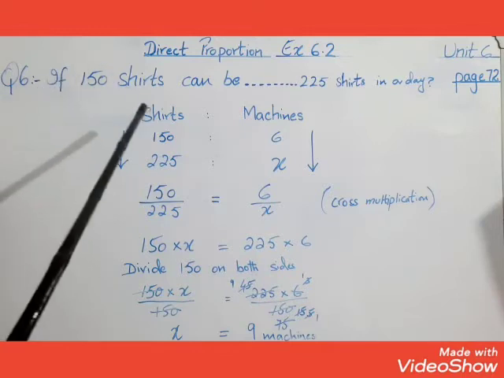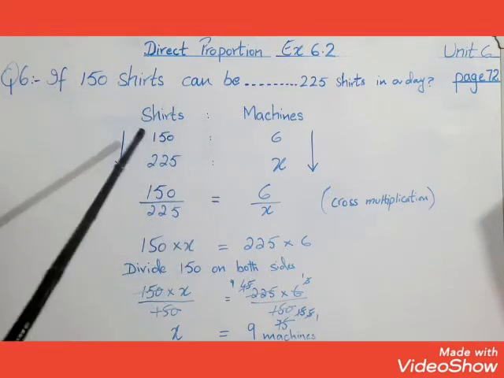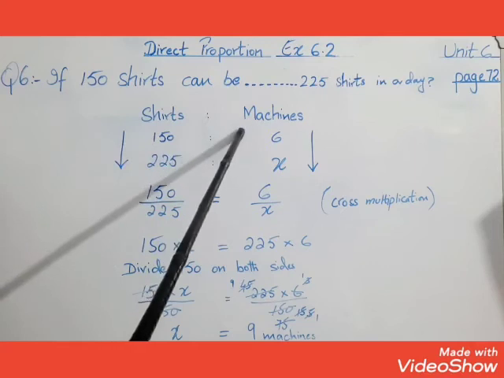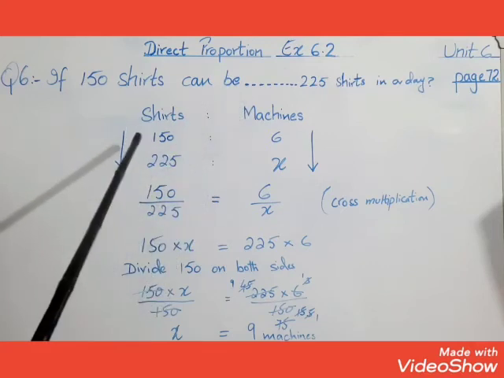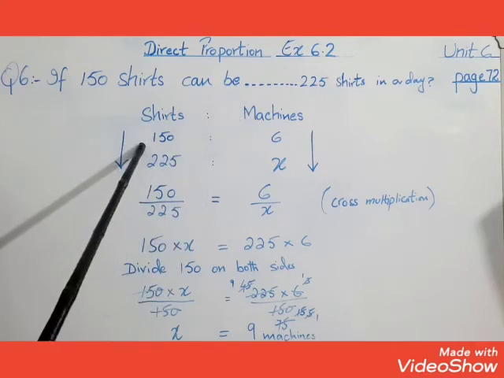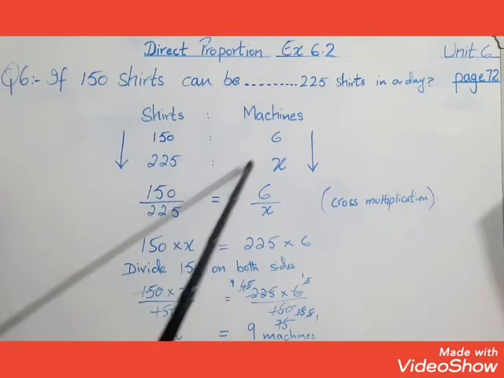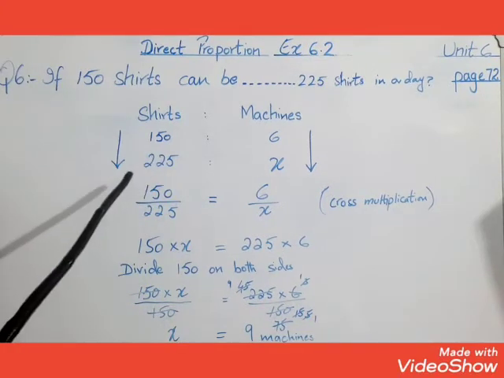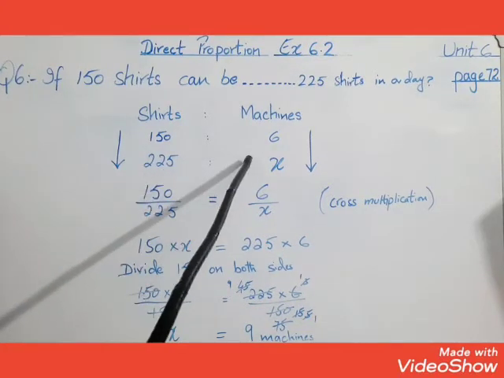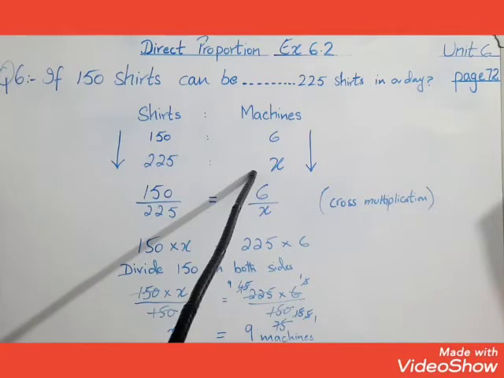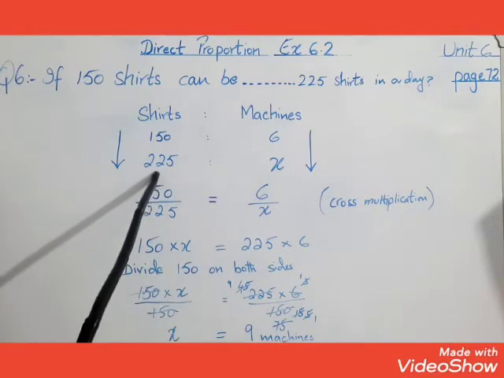And now how many machines are required to stitch 225 shirts in a day? So now you can see the quantities are shirts and machines, right? First, given to you is 150 shirts. How many machines? 6. Now second is 225 shirts, and here we have to find how many machines are required to stitch 225 shirts in a day, right?